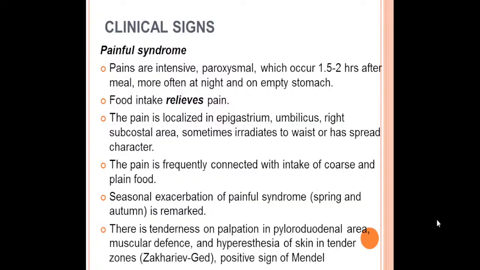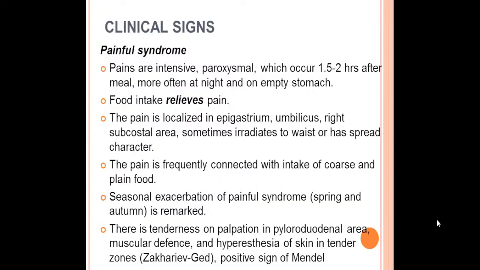And this is a very important difference from the painful syndrome in gastritis, which may also be in the epigastrium, maybe after meal, but the pain is more intensive in ulcer.